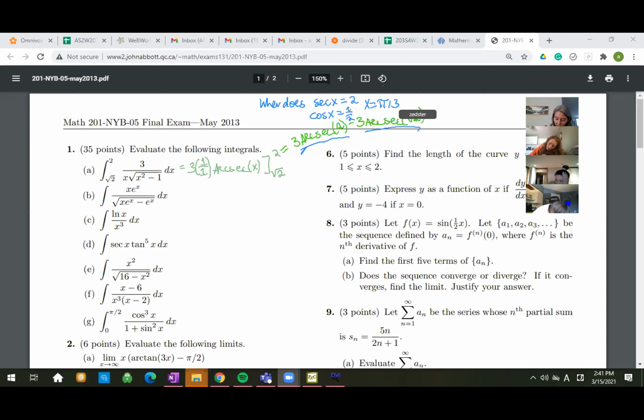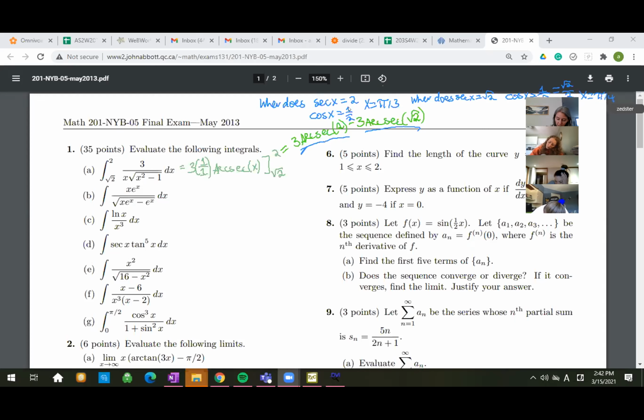And then we're going to ask, when does secant x equal root 2? So again, this is like saying cosine x is equal to 1 over root 2 or root 2 over 2. And that happens, good job, Abby, at pi over 4. So x is equal to pi over 4.